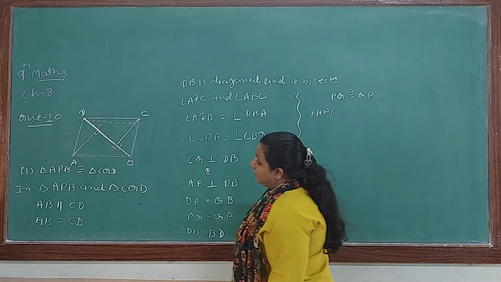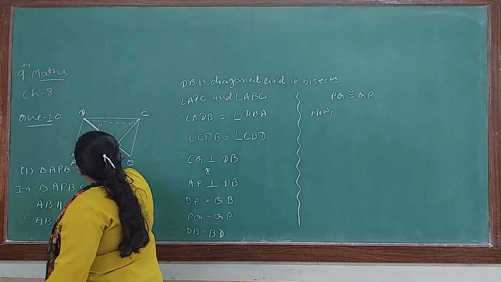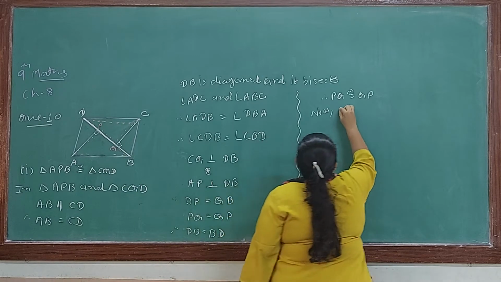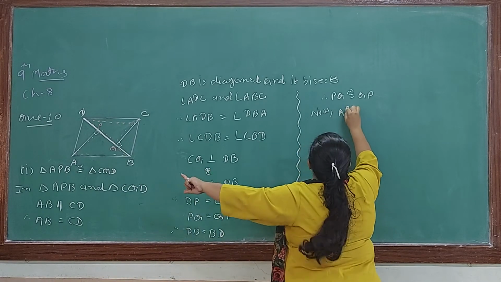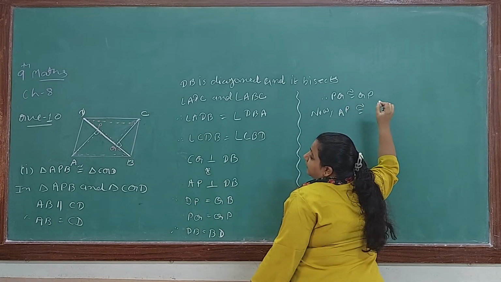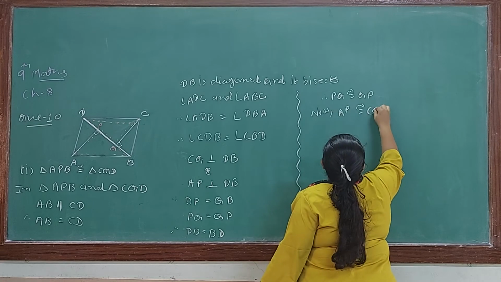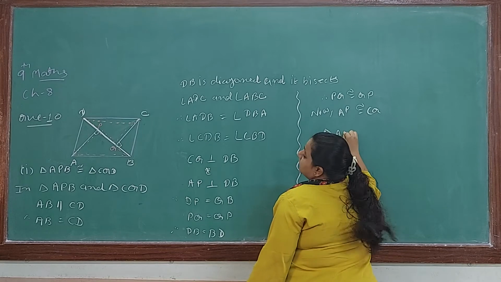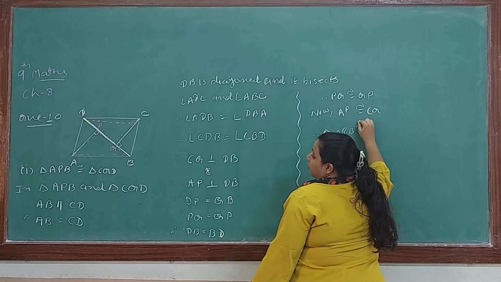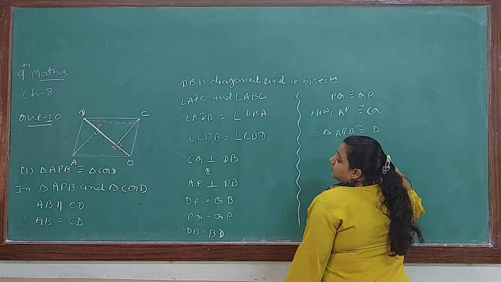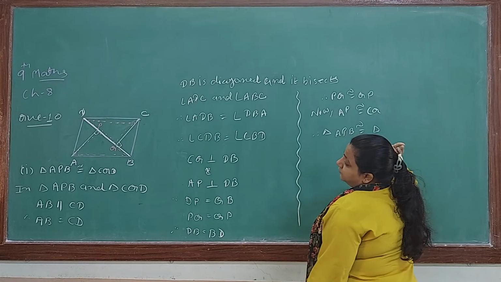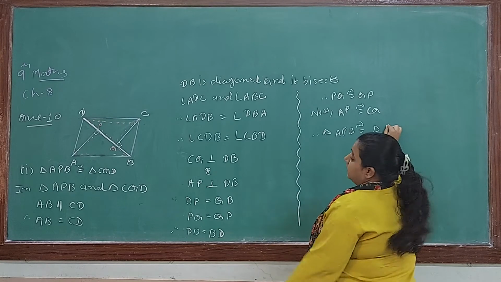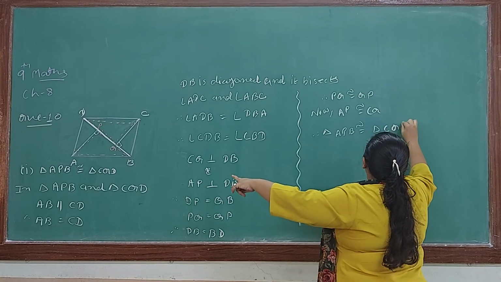And the last one that we have to prove, we already proved the angle AP congruent CQ. So triangle APB congruent triangle CQD.